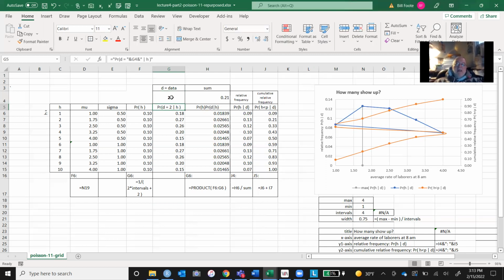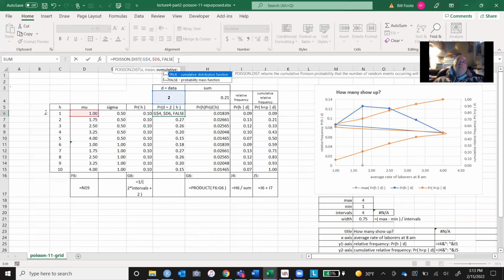There we go. And now we need to put in an appropriate formula. Now, instead of the Poisson distribution, we're going to put in, and there's going to be 2 parameters here. We might as well just keep the G4.